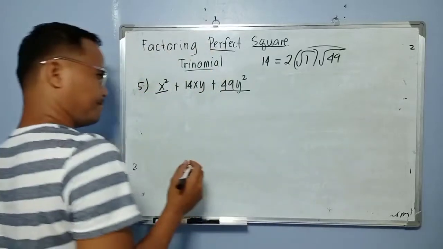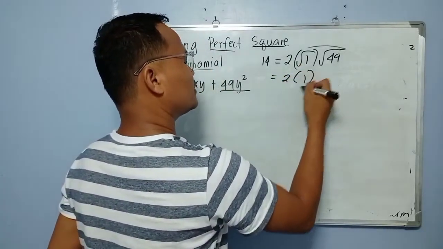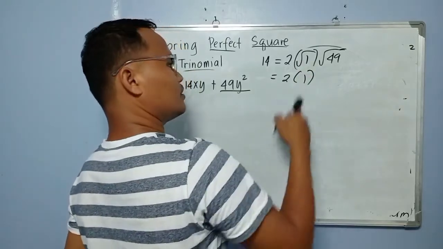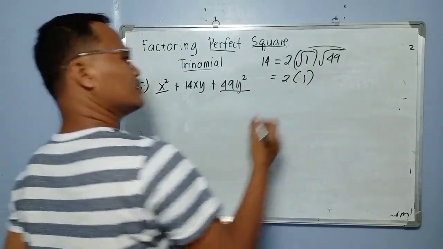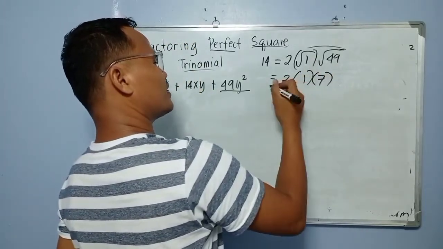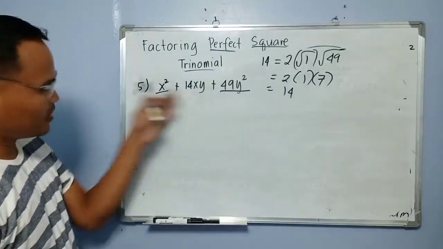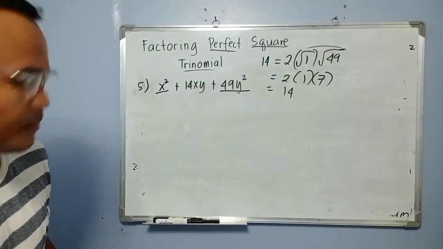Square root of 1 is 1. Square root of 49 is 7. Multiply: 2 times 1 times 7 is equal to 14. So, equal. Therefore, this is a perfect square trinomial.